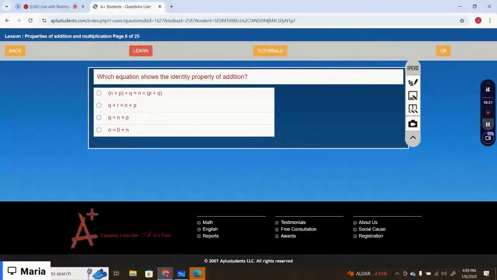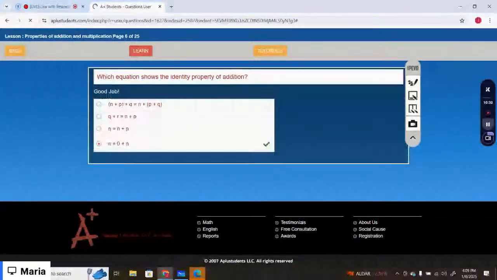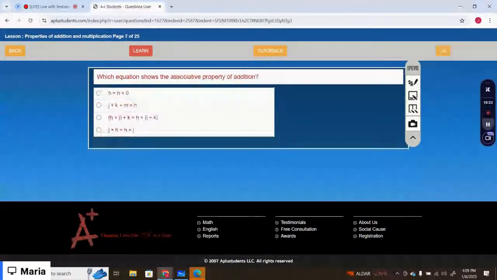That is the identity property of addition. Which equation shows the associative property of addition?